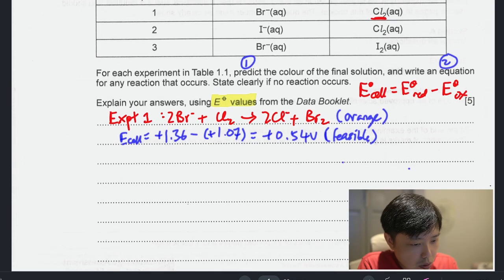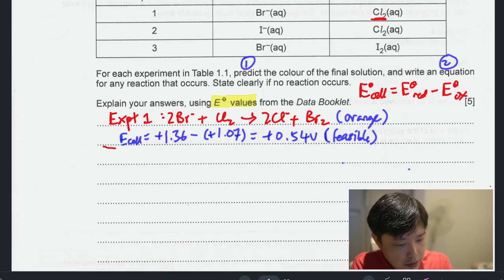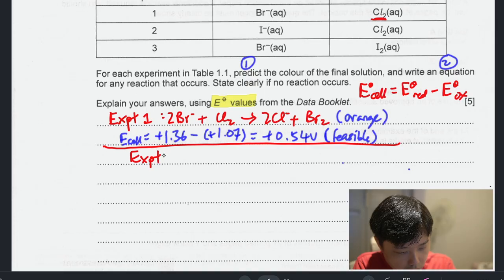Let's now go to experiment 2. Again, we have a more reactive halogen, Cl2, that will displace your I minus. So instead of Br minus, now we have 2I minus plus Cl2.